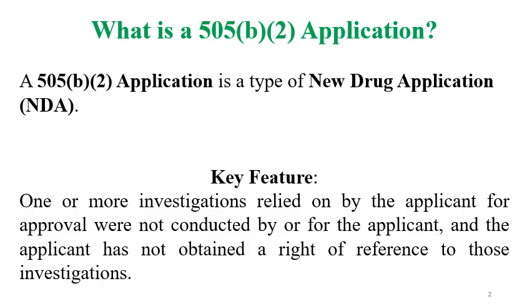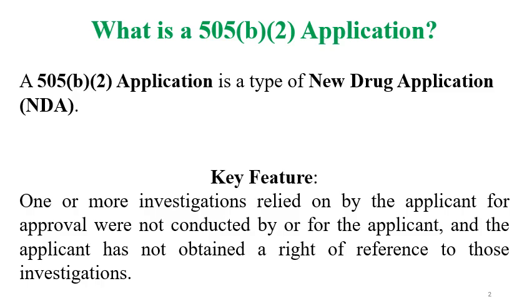That means some investigations are done by the 505(b)(2) applicant, and some investigations are referenced which are done by the NDA, or which are done by the new drug applicant.